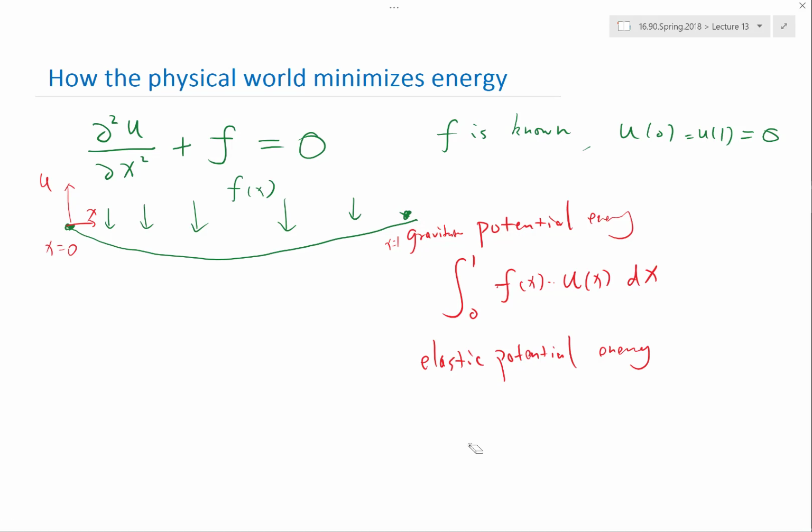So first of all, this string is already in tension, right? Otherwise, it cannot support any weight until it has a nonlinear deformation. Second, if we ignore nonlinearity, we are considering very small deformation of the rope, which means the deformation is not going to cause the tension to increase substantially.